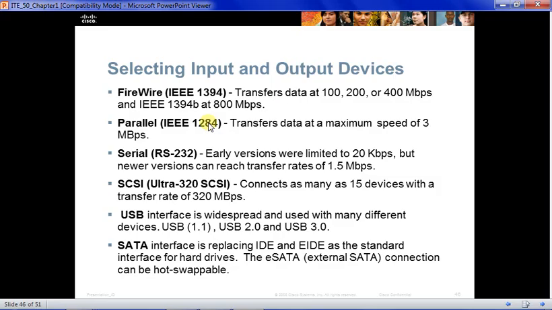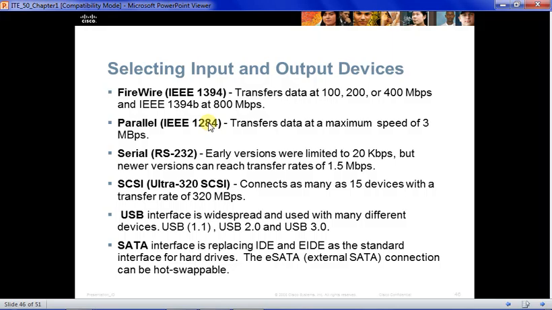Input and output devices. So far we've talked about some devices, but now we're going to look at our input and output devices and the type of cabling that they use. So you'll see here we have FireWire, which is IEEE 1394, and it can transfer data at 100, 200, and 400 megabits per second.